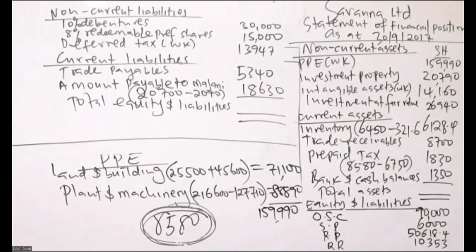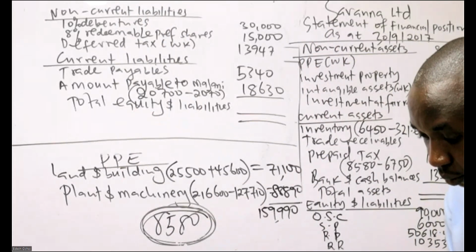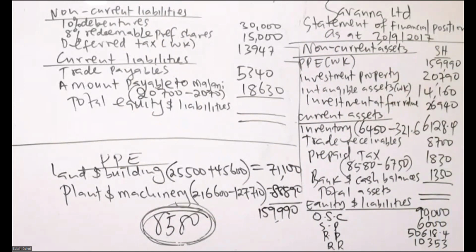So is our question balancing here? Total assets, whoever was adding.